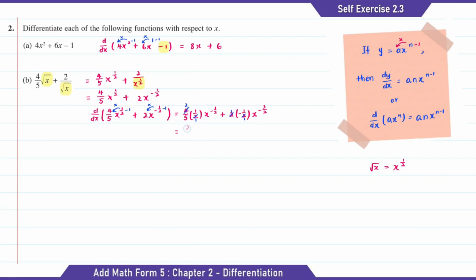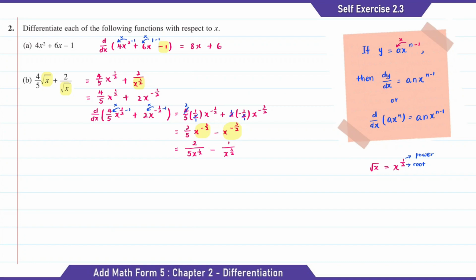This is equal to 2 over 5 x to the power of negative 1 over 2 minus x to the power of negative 3 over 2. To write the power in positive form, this is equal to 2 over 5x to the power of 1 over 2 minus 1 over x to the power of 3 over 2.